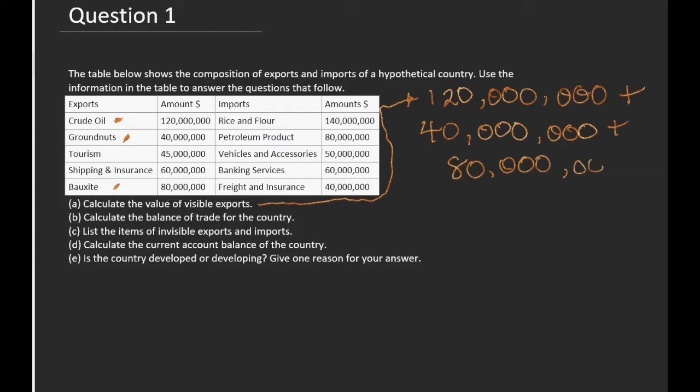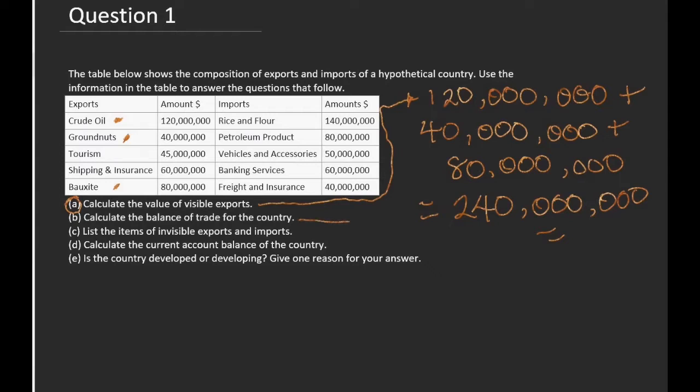Now if you punch this into the calculator and sum it up, it will give you about 240 million. This 240 million is simply the value of the visible exports. That's the answer for A.